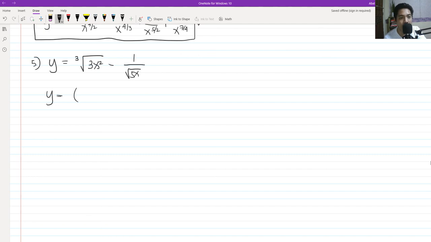So we can now have 3x squared and the cube root is simply raised to 1/3. Just as like if we have square root of x, that is equal to x raised to 1 half. Okay? Or if we have cube root of x cube, so that could be x cube. Okay? And this is the 1 half. Okay? Or this can be rewritten as x raised to 3 halves.